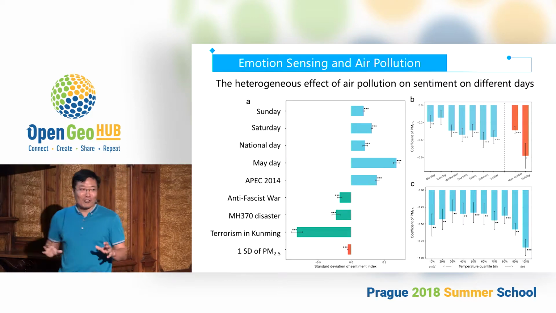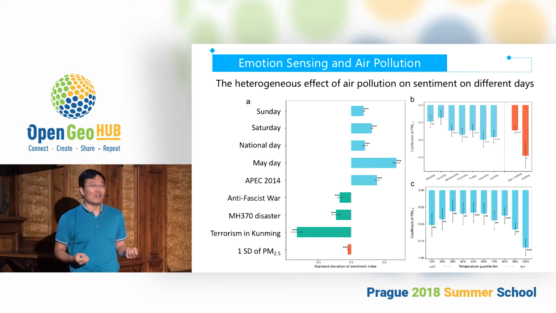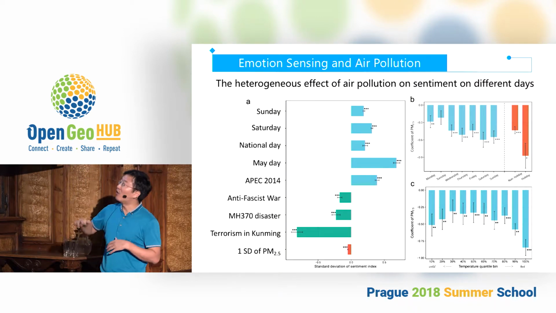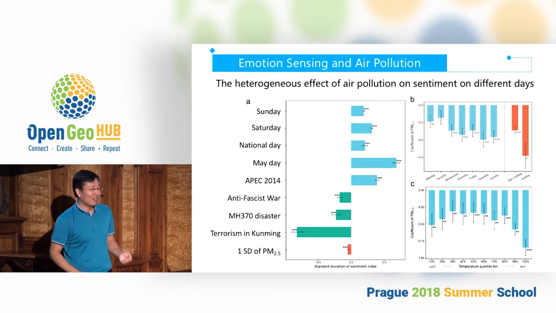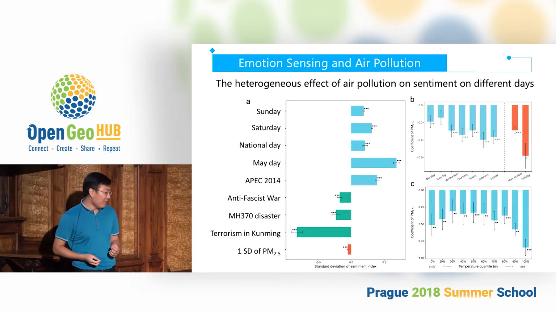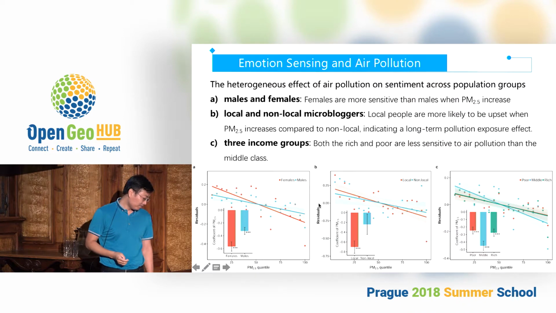If today is a holiday and has very high air pollution, it will affect people's sentiment much more than on a working day. High temperature and global warming, for example, will significantly affect human expressed sentiment.